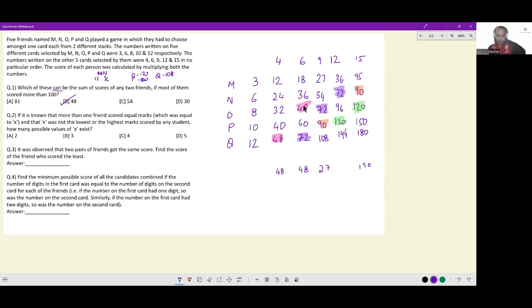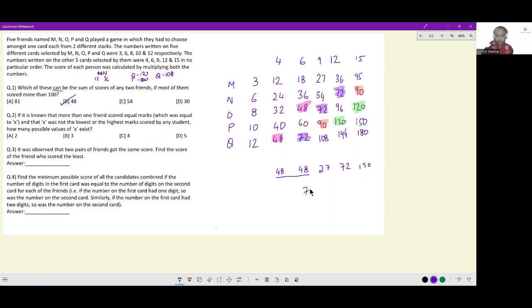Then when I've taken this 48, no number from this row or this column. So I can have 27, I can have 150. So 48 gone, 27 gone, 150 gone. So the only number left for this is 72. This way 48 is a possible viable pair where two friends have identical scores and they're neither the highest nor the lowest.